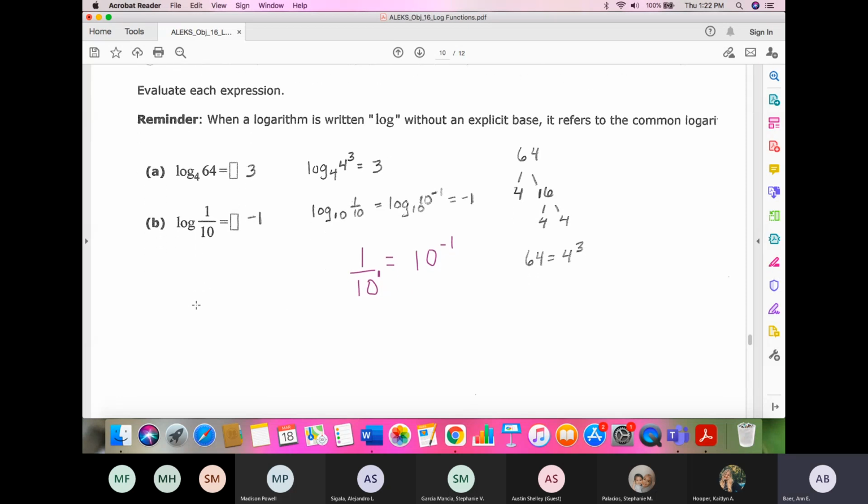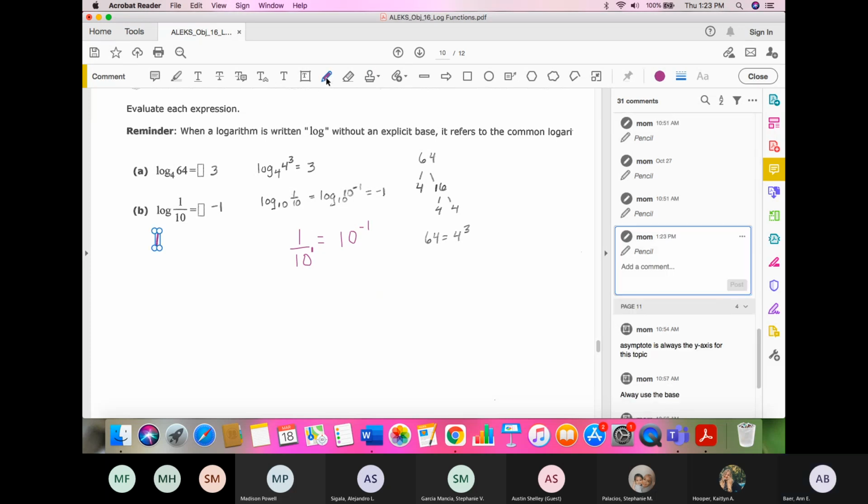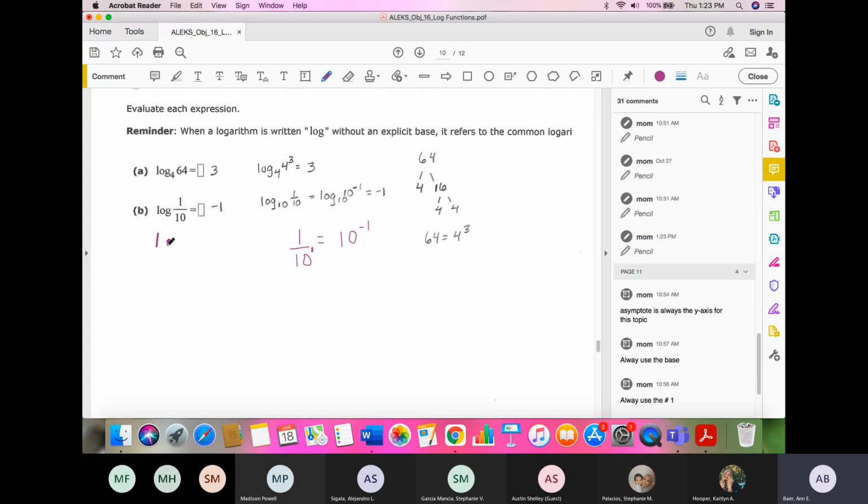So let's take a look at part B here. Log 1/10. So let me just clarify something for you. This really means log, you see there's no base written in here. There's no base of this logarithm.